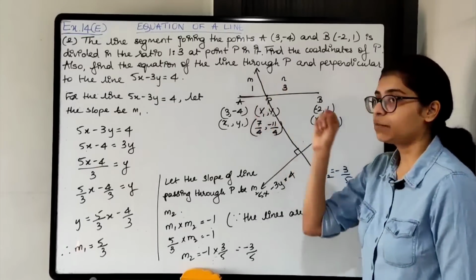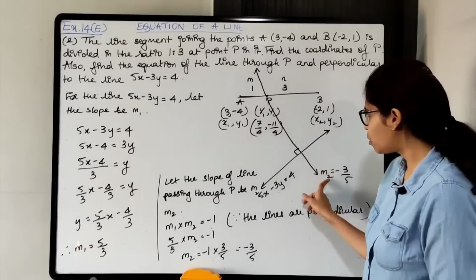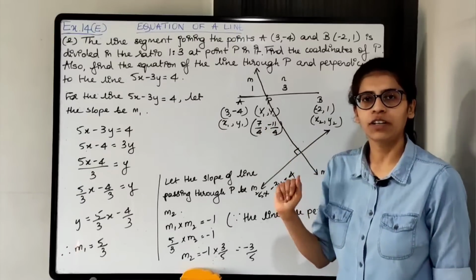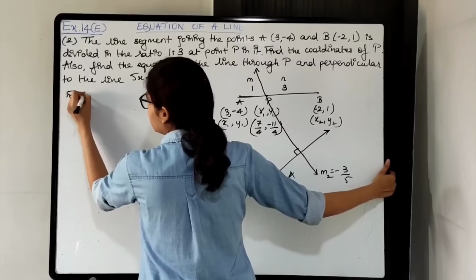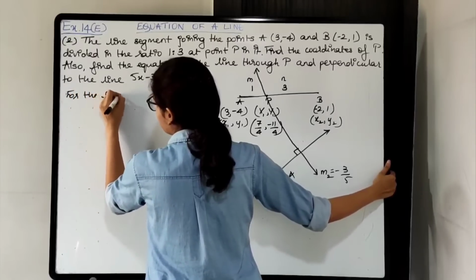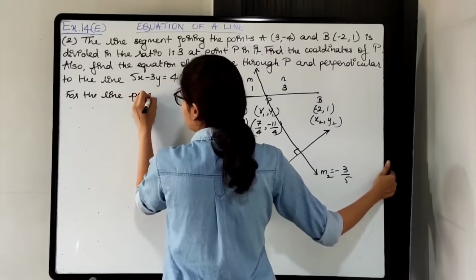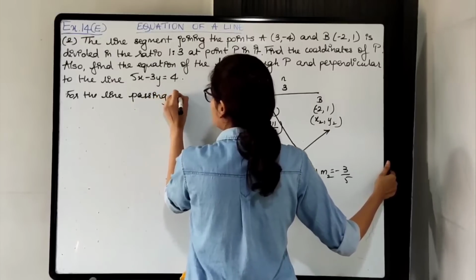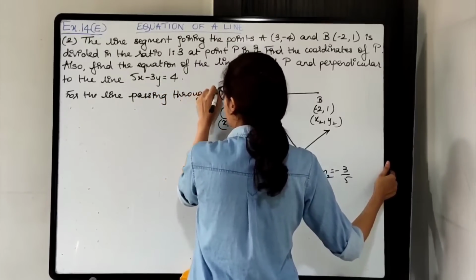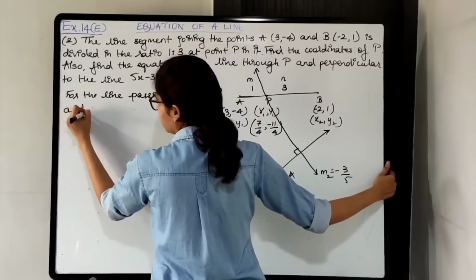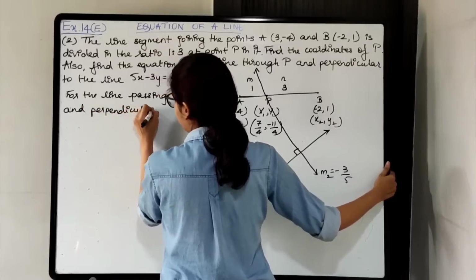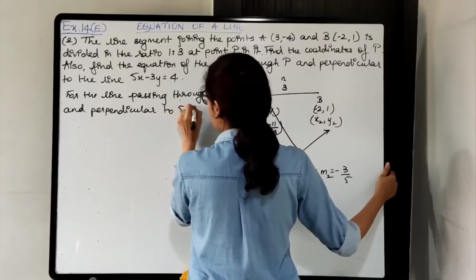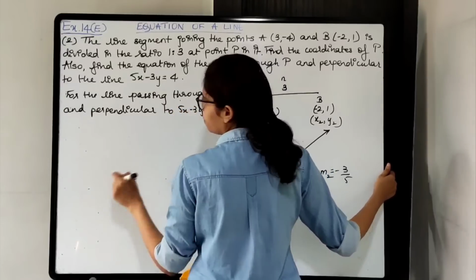Now for the line passing through point P, we have the slope and the coordinates of one point, so we can easily find the equation. Write down: the line passing through P and perpendicular to 5x minus 3y equals 4.